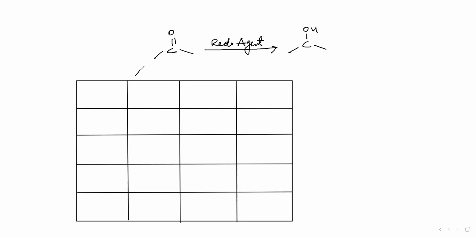Now, if you have LiAlH4, then what happens? If you have sodium borohydride, NaBH4, then what happens? And if you have H2 with Pd, then what happens? So you have got three different reagents, and the substrates that we can have are either CHO, this is aldehyde.